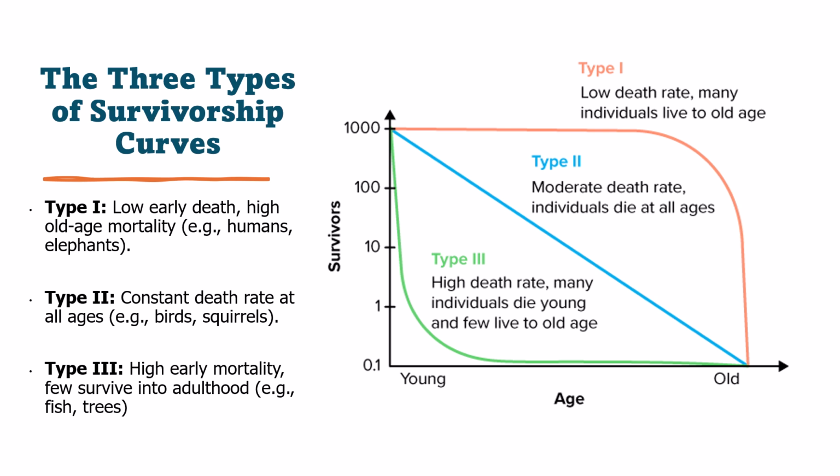Type 2 shows a constant risk of death at any age, such as in many birds. Type 3 is the flip side. Many die at a young age, but a lucky few survive to adulthood, which we can see in organisms like oysters or plants producing hundreds of seeds.